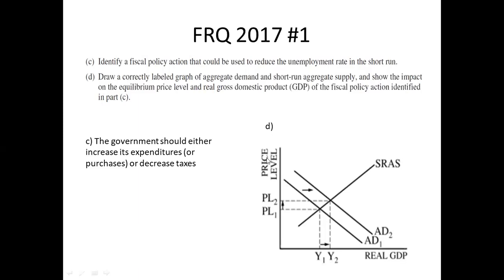I label my axes, PL and real GDP. I label my equilibrium PL1, Y1. Now, I said we're going to increase spending or decrease taxes. Both of them will increase aggregate demand. How do I show an increase in aggregate demand? I shift aggregate demand to the right. I get a higher price level, PL2, but I also get a higher GDP, Y2.